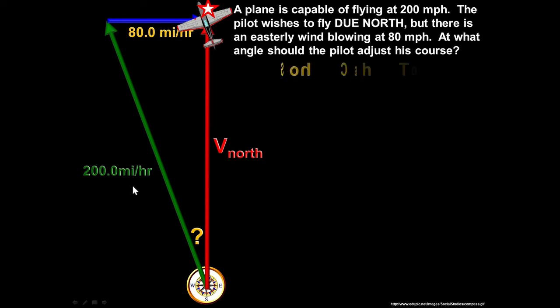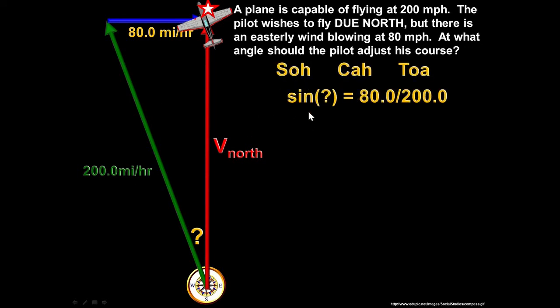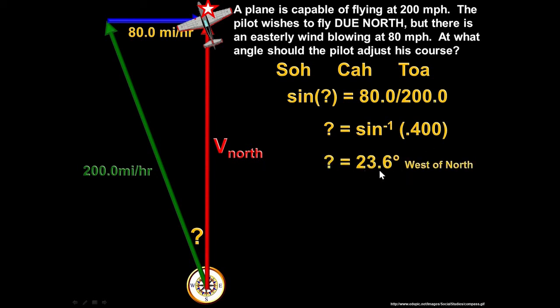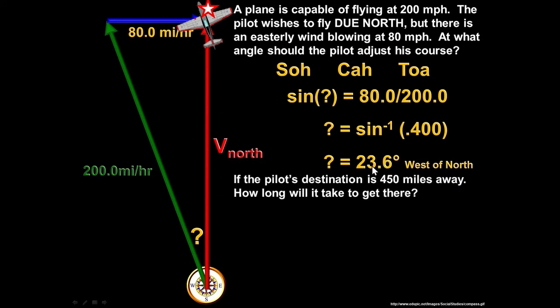We know the hypotenuse of SOHCAHTOA. Looks like sine is going to be our right ratio to use. So the sine of that unknown is opposite over hypotenuse. When I use the inverse sine, and that 80 divided by 200 is that decimal, we get this angle here. So now, that's how we have to go to the west of north by that degree.